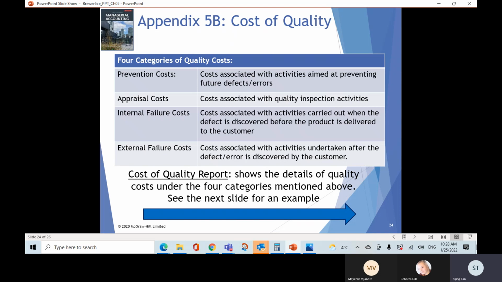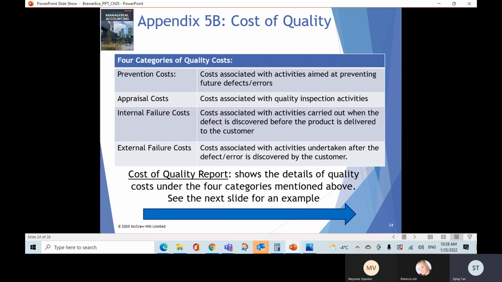There's also, as we talk about in our textbook in 14B, a cost of quality report. The cost of quality report acts as an aid to help the management. Quality costs are summarized periodically in the cost of quality report. Sometimes we call it a quality cost report.